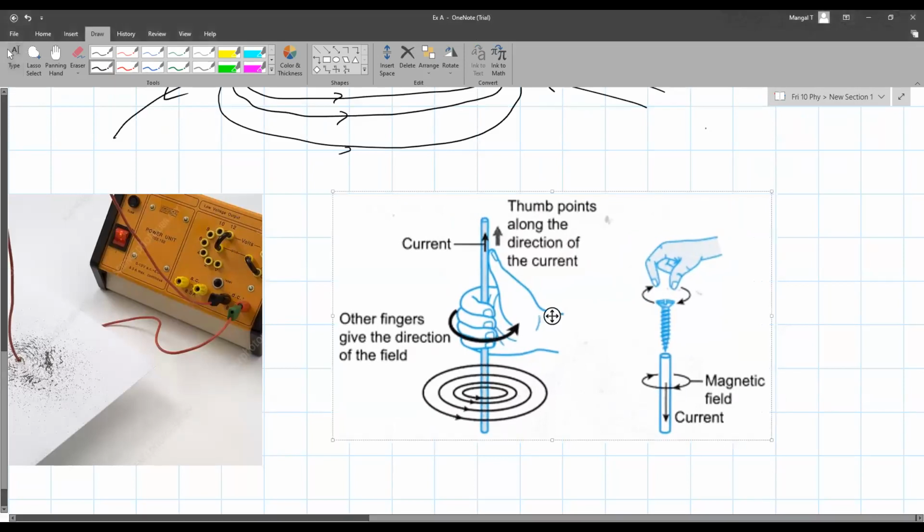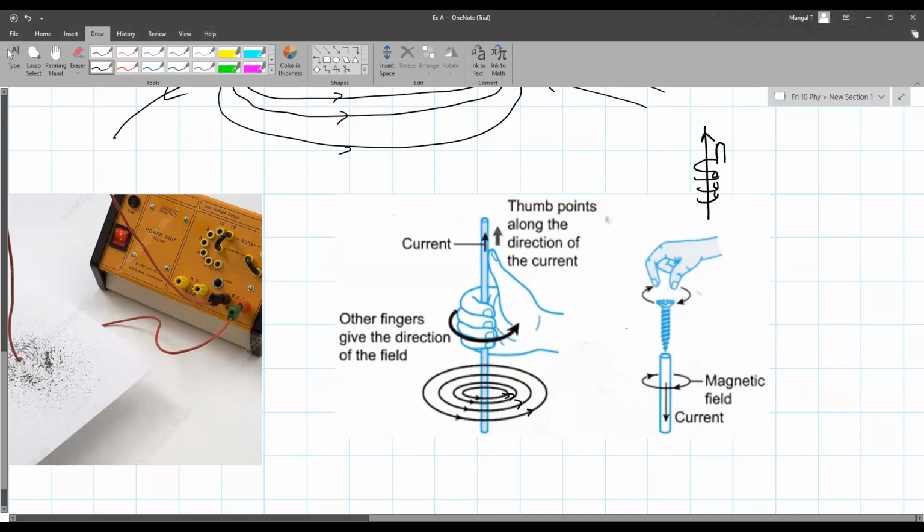If you have a current carrying wire, imagine that you're holding the wire in your right hand, like this, as shown in the picture, where the thumb is pointing in the direction of the current. The curled fingers will tell you the direction of the magnetic field. As you can see, the fingers are curled in that direction, so the direction of the magnetic field is this way.